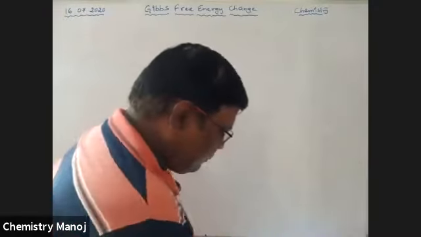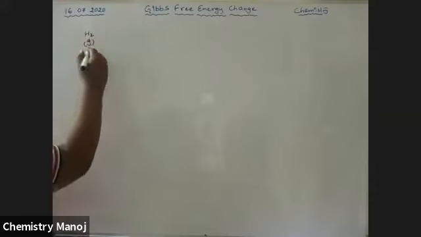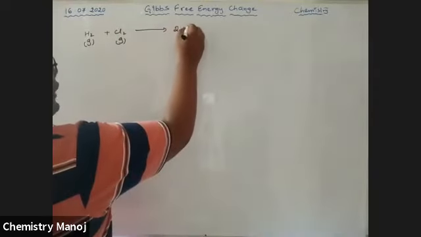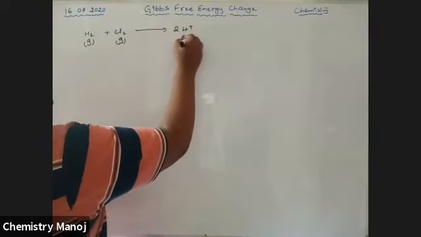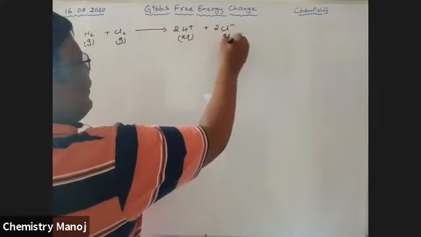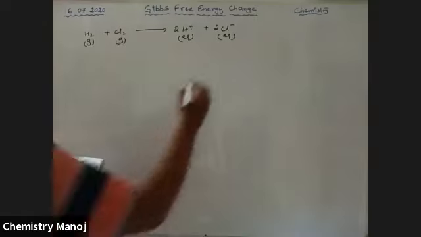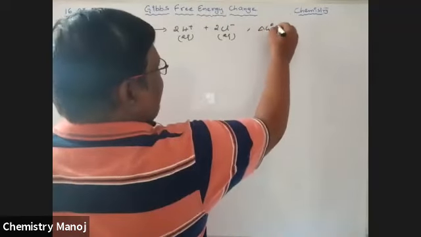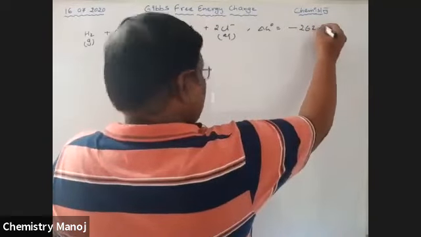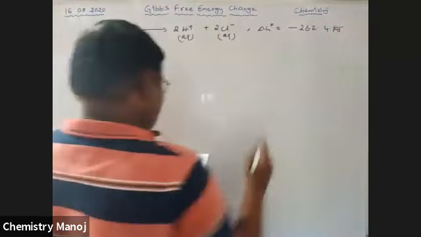Problem. H2 gas plus Cl2 gas gives 2H+ aqueous ions plus 2Cl- aqueous ions. Delta G naught for this reaction is minus 262.4 kilojoules.